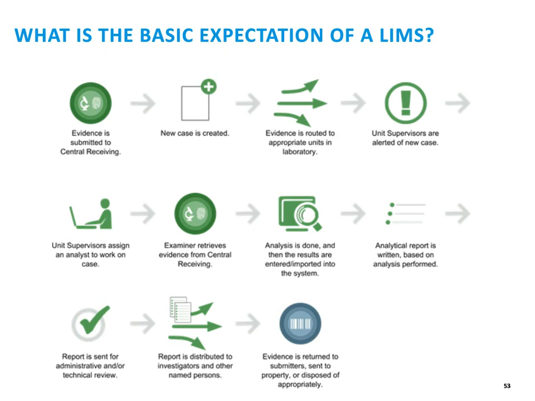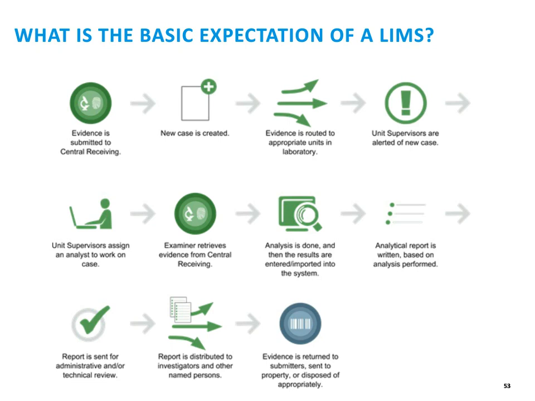Certainly, there's a basic expectation that an agency would have of a LIMS system, and most of them out there will do these basic things, such as log in evidence, create a case, indicate what units of the laboratory need to test the evidence. Supervisors will be alerted to the fact that there's work that needs to be done, and they will assign the analyst to work on the case. The analyst will be retrieving the evidence.